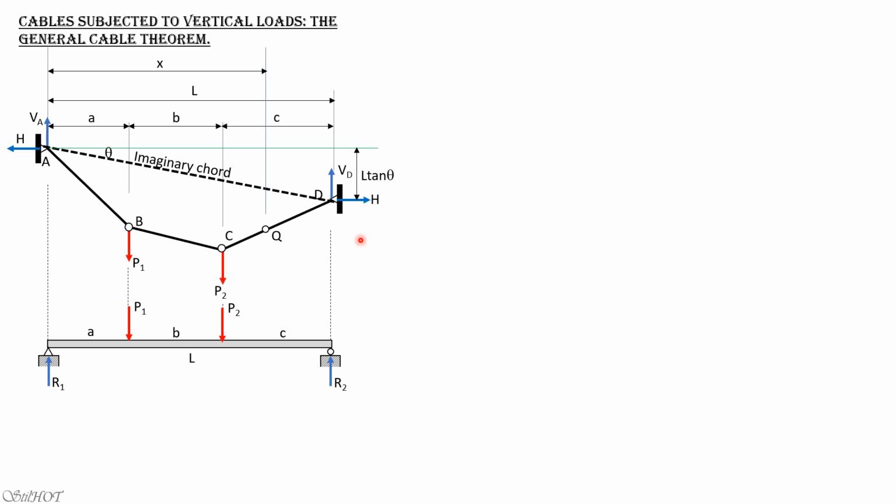First, consider the entire system and sum up moment about D, then the unknowns should be H and V sub A. Then if the vertical distance from the horizontal line to point C is known, you may cut the cable, let's say through BC, then sum up moment about D, and you can set up the equation involving H and V sub A, the unknowns.